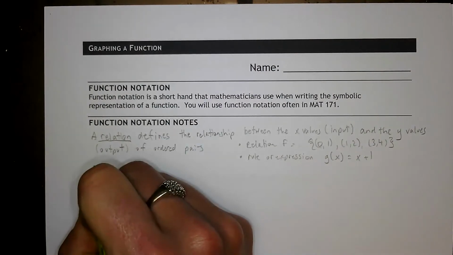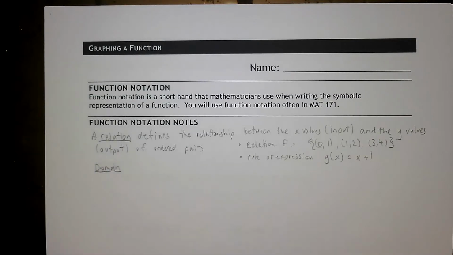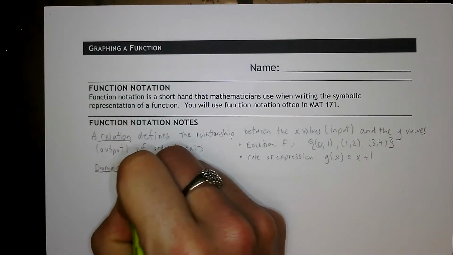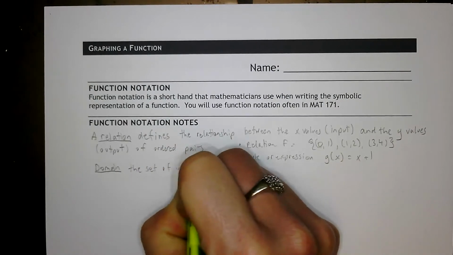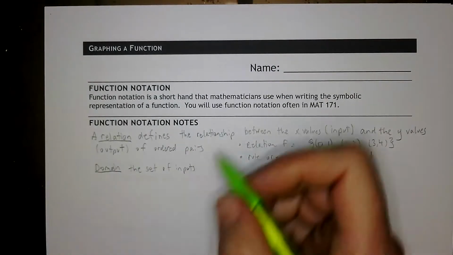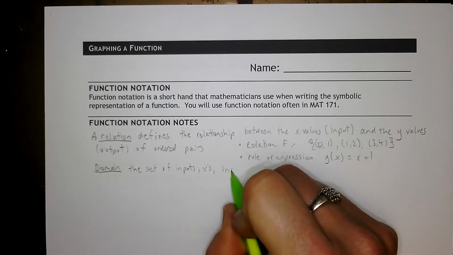So more vocabulary. The domain is a word that we're going to hear a lot. That is the set of inputs or x values, x's, or the independent variable.